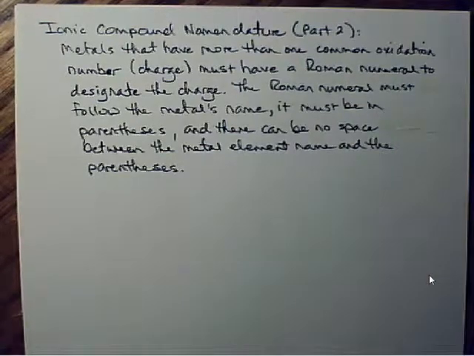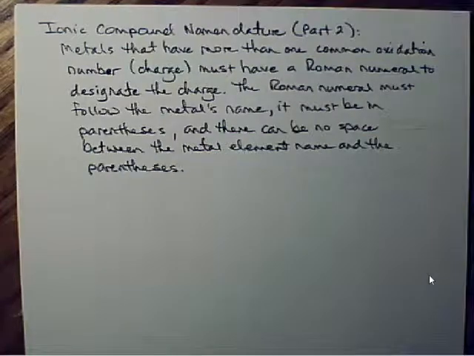Roman numeral must follow the metal's name. It must be in parentheses, and there can be no space between the metal element name and the parentheses.